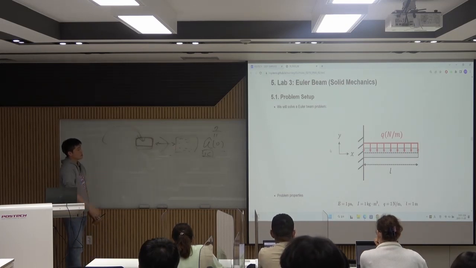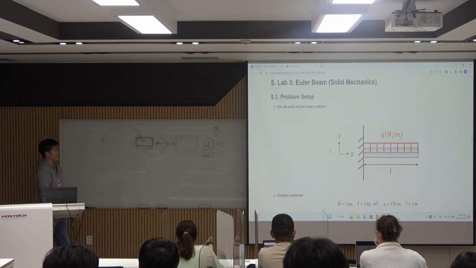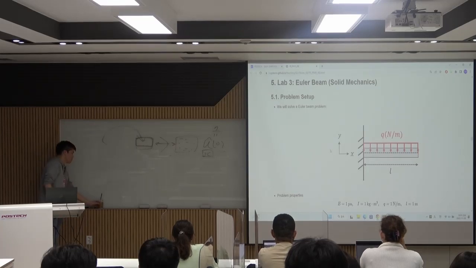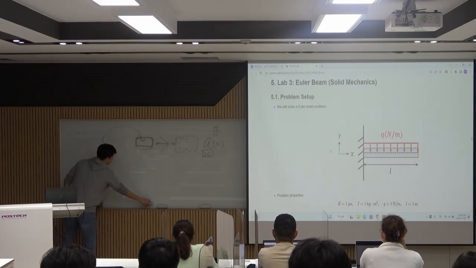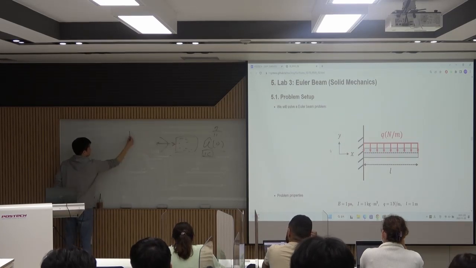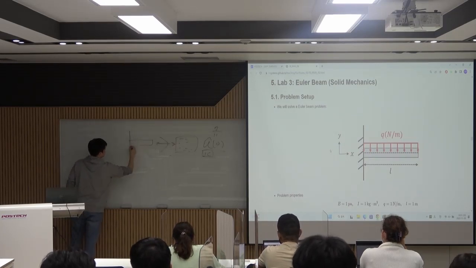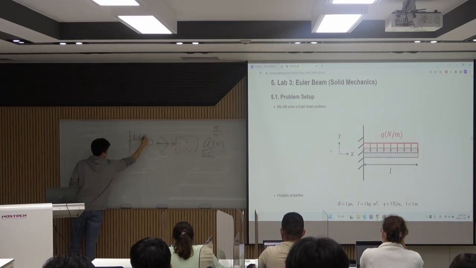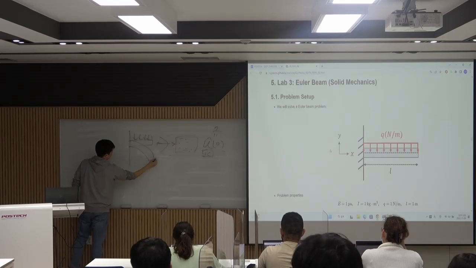The Euler beam itself, you can think of as a beam that's stuck into a wall. And if you apply uniform pressure on the beam, then the beam will bend, right? So if there's a wall here and there's a beam, and you apply uniform pressure on the top of the beam, then the beam will deform like this, okay?